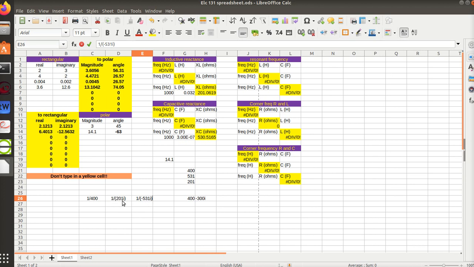Inductive reactance is always in the positive I direction.